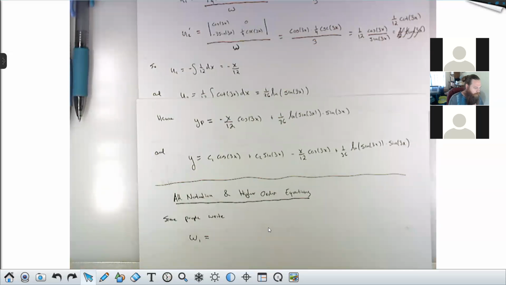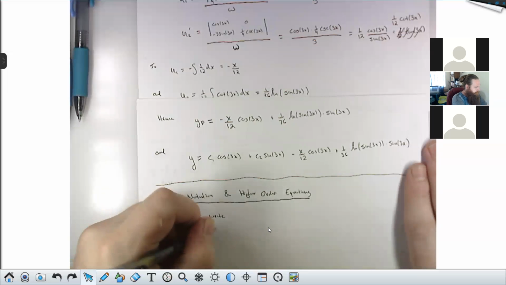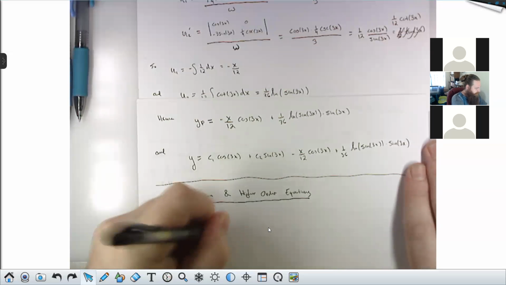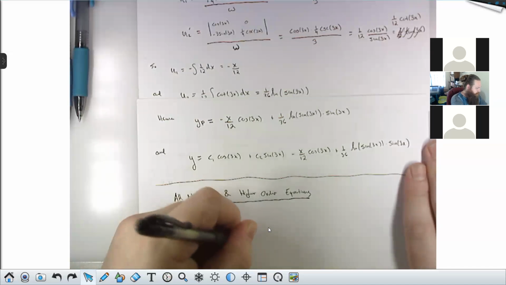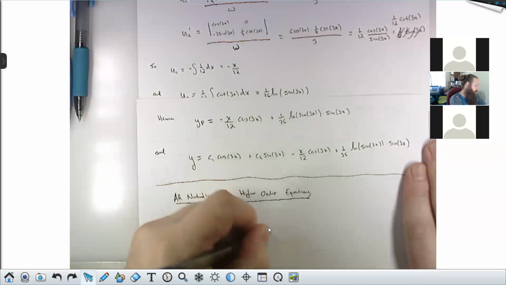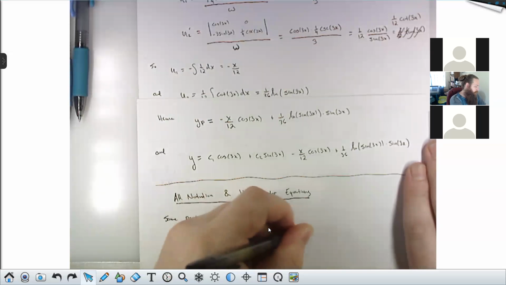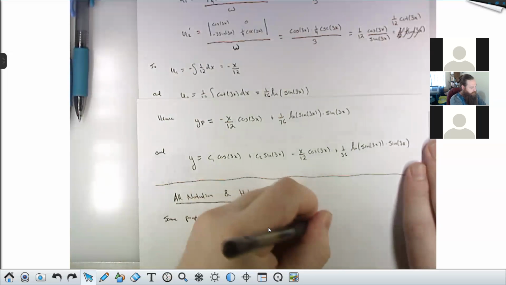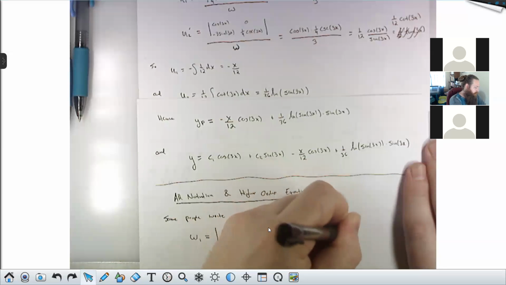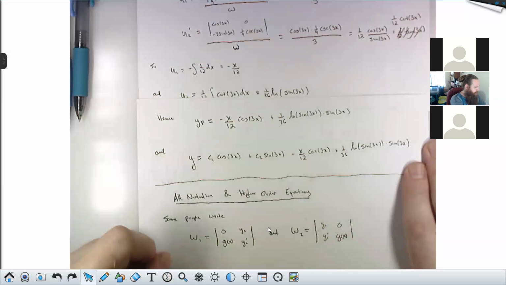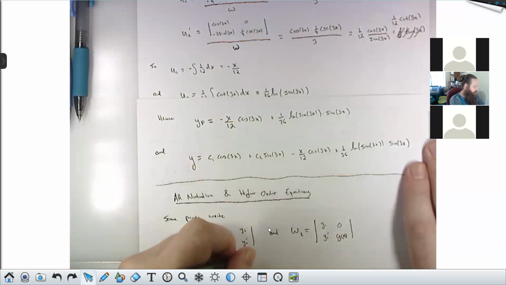Some people write W1 for the Cramer's rule matrix 0, g of x, y2 prime, and W2 for the Cramer's rule matrix y1 prime, 0, g of x, and of course W is the regular Wronskian, y1 y2 y1 prime y2 prime.